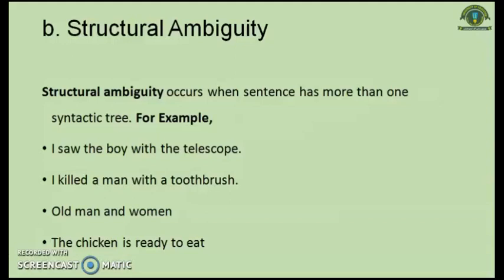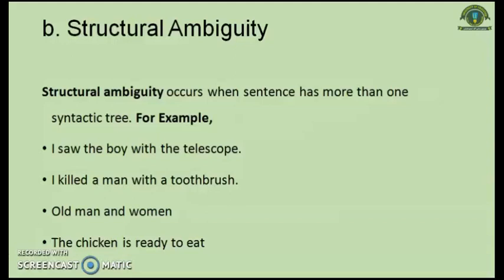And the other interpretation might be that I killed a man with a tool or weapon, that is the toothbrush, that I used to kill him. The weapon that I was holding at that time was a toothbrush. So the toothbrush was the tool that I used to kill a man.